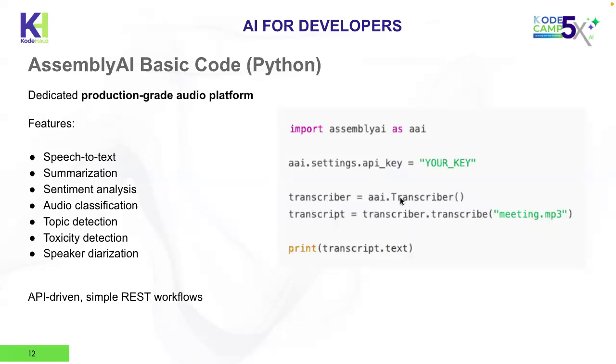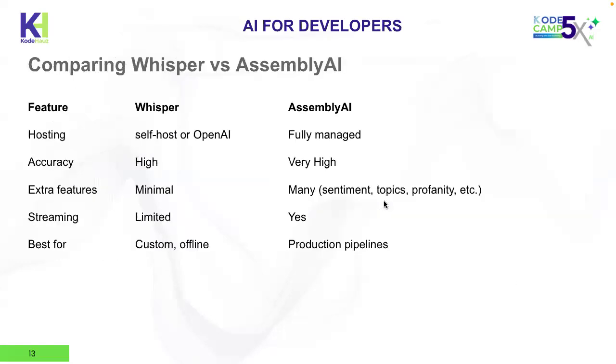So you just call this, AI.transcriber, and then you pass the name of the file. This transcriber.transcribe is going to upload the file automatically back to the API endpoint and send that audio file into the transcriber, which will transcribe and give you the text. So that is how you use Assembly AI.